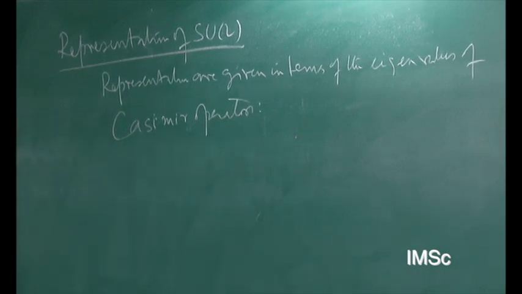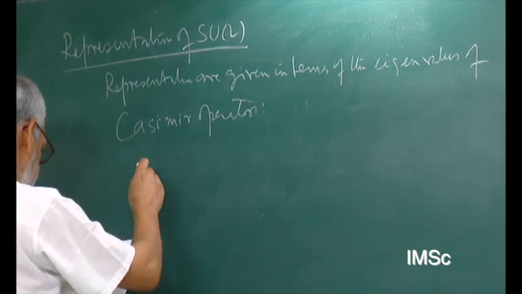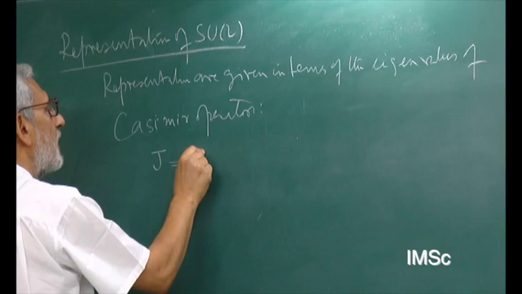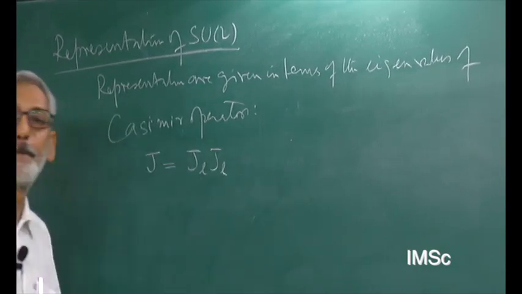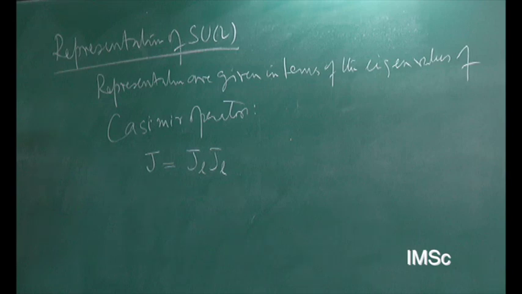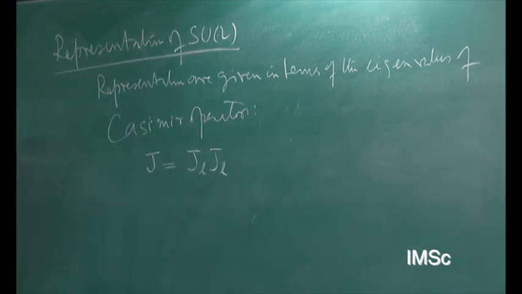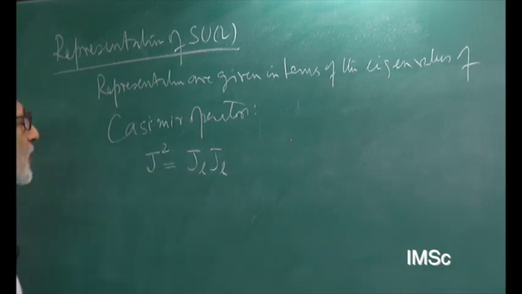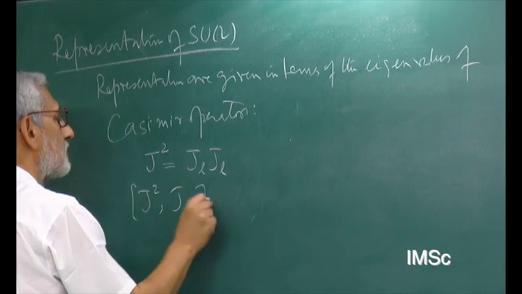Now, Casimir operators of SU2 are two. Define J square to be the sum of the squares of all the J's. So J1 square plus J2 square plus J3 square. This object, call it J square, has the property that it commutes with all J's.